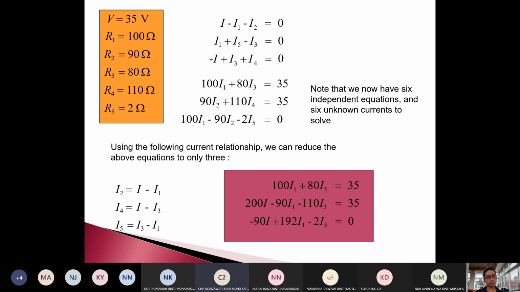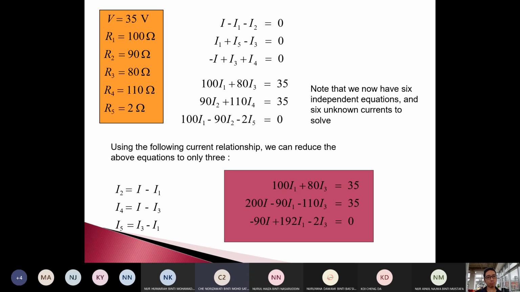You can use this, and then you reduce the equations. You can reduce the equations to 3. Because why? Right over here, let's say you have this equation, and it remains 100 I1 plus 80 I3 minus 30 equals 35.